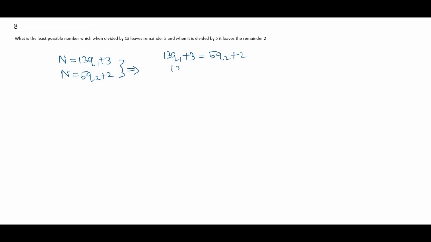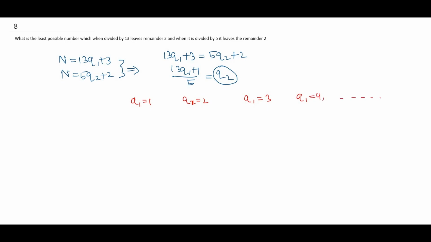So 13 times Q1 plus 1 divided by 5 will be equal to Q2. Now find the integral value of Q2 for different values of Q1, say Q1 equal to 1, 2, 3, 4, and so on.